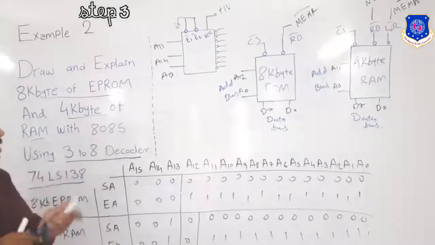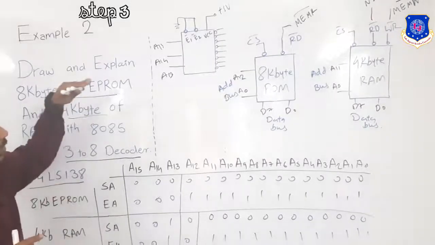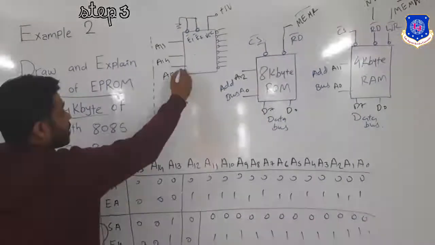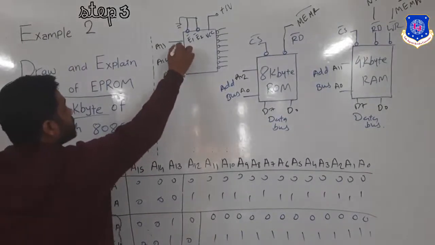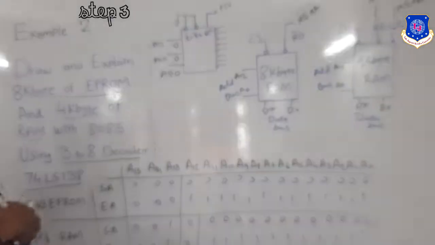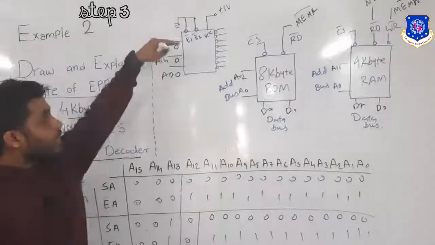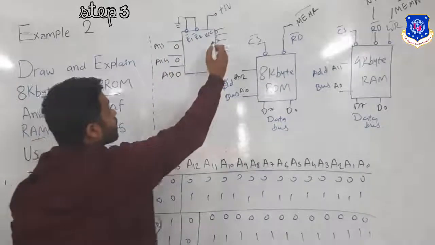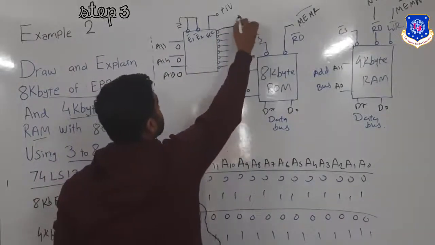Now students, we are providing A13, A14 and A15 as 0, 0, 0. If we provide A13, A14 and A15 as 0, 0, 0, in which pin are we going to get the active low signal? So we are going to get the active low signal at this pin.